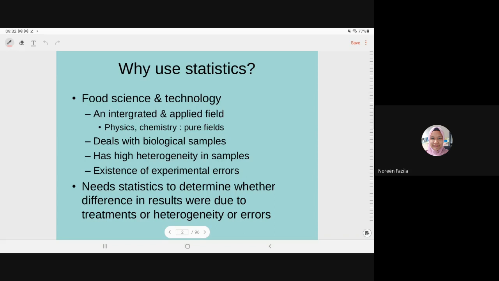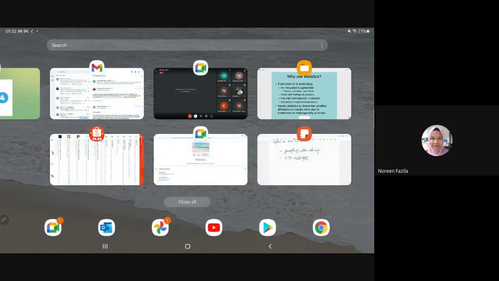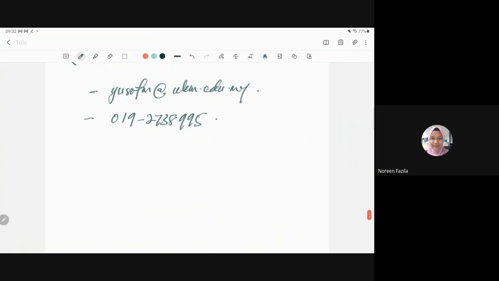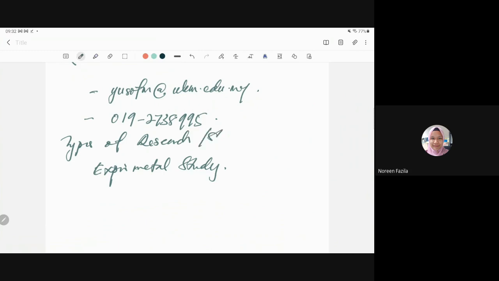So when we do experiments, there are several types of experiments, or types of research or study.